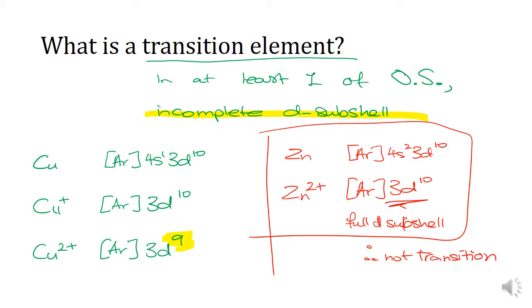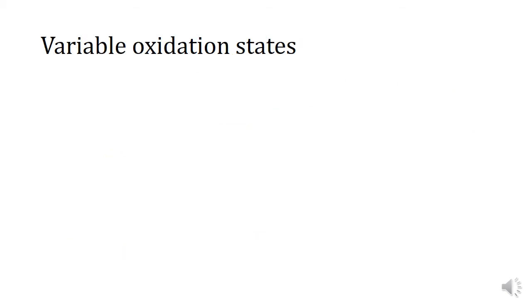Okay, so now that I've hopefully clarified a little bit about what transition elements are, let's continue on. Variable oxidation states. You probably remember from when we were doing balancing and redox, if you've got Fe3+, I can add an electron to that and it can form Fe2+.